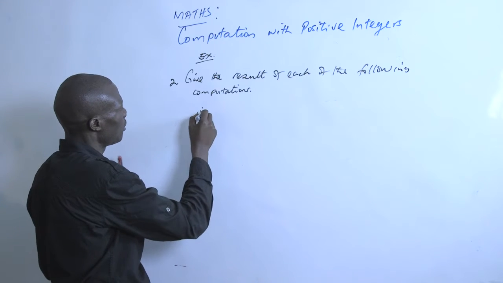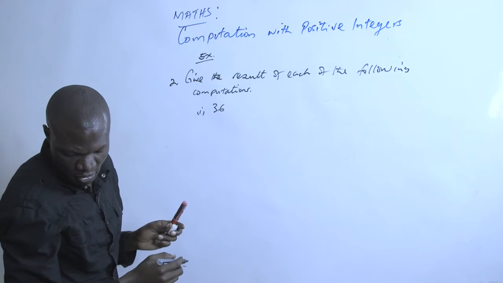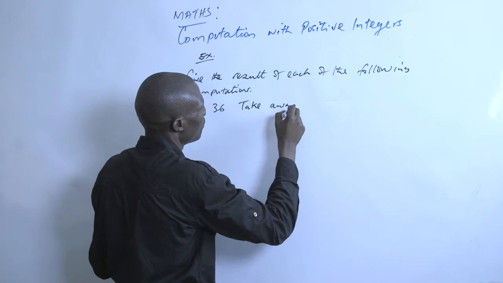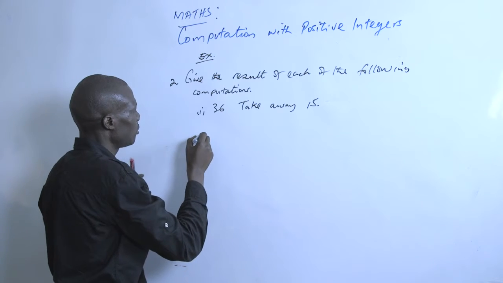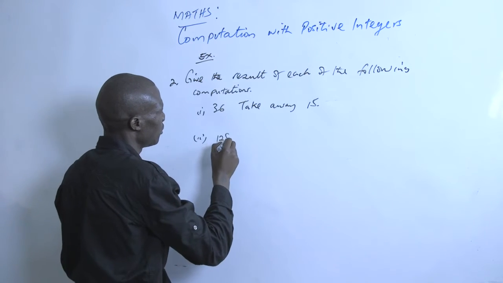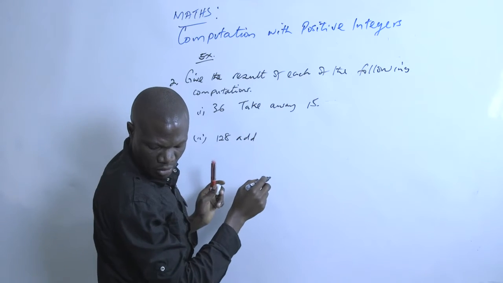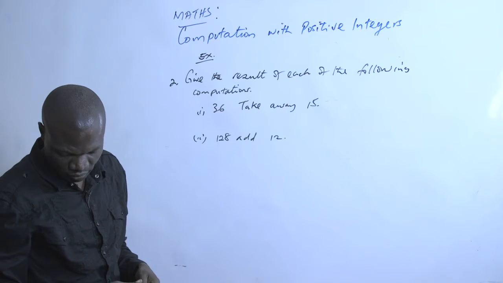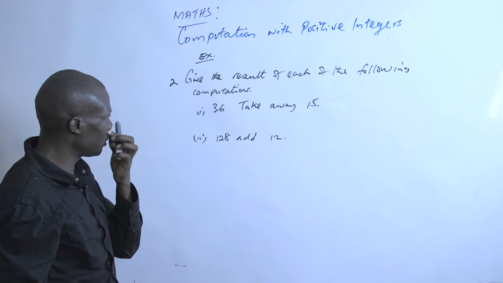Number 1 is 36 take away 15. And number 2 is 128 add 12. So those are the 2 problems.